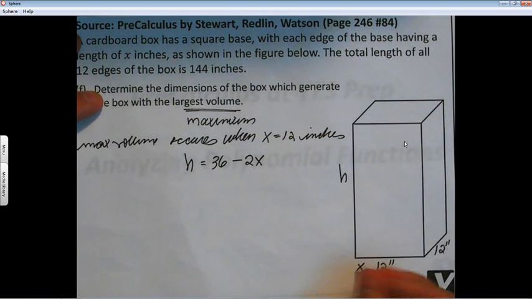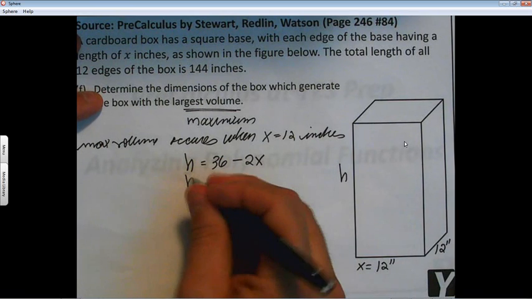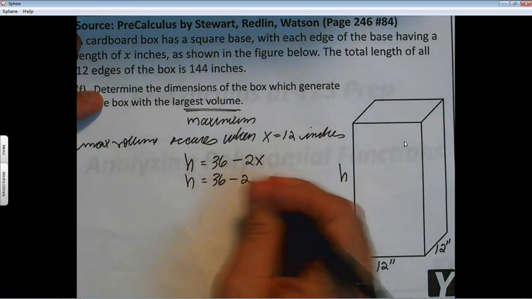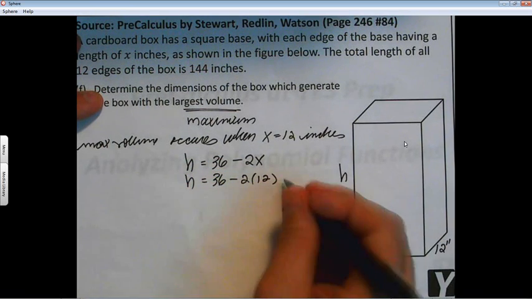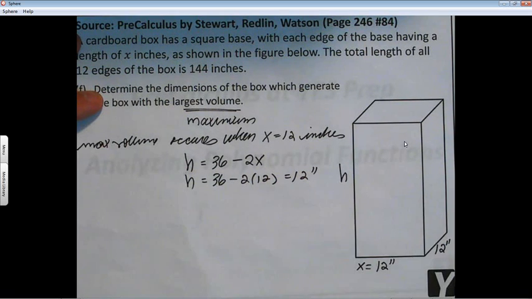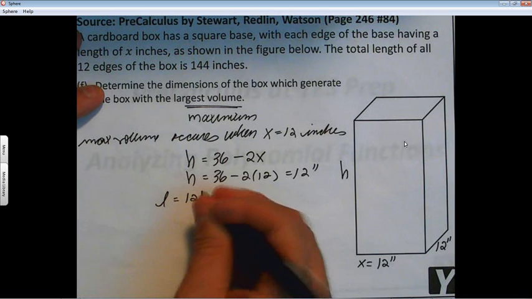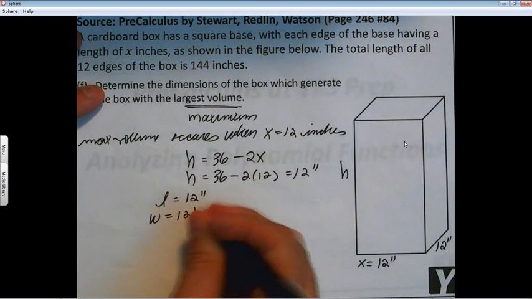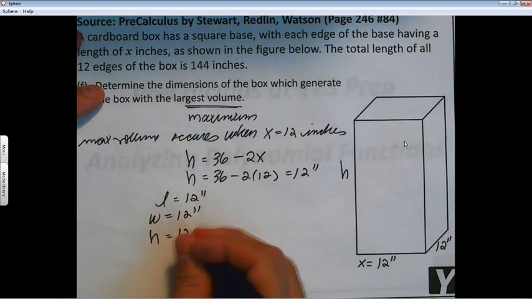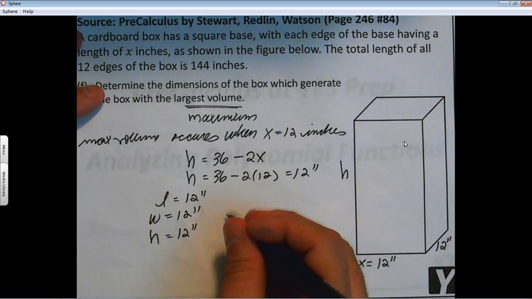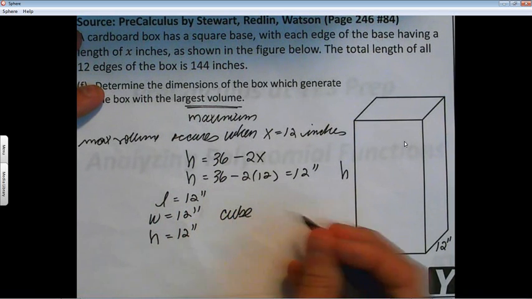We know from the graph that the maximum volume occurs when x equals 12 inches. Well, let's think about the box. That's 12 inches over there. That's 12 inches over there.